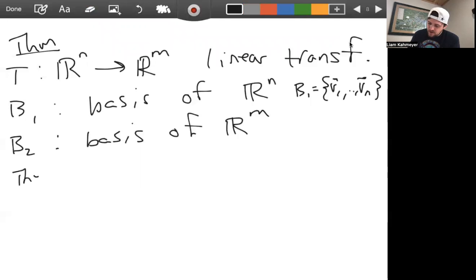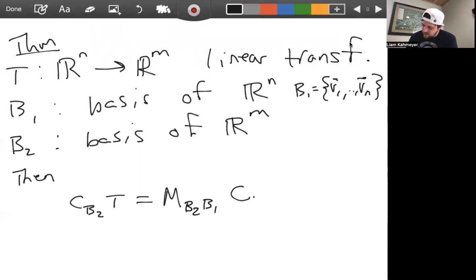Then we have the following equality. We have that the function CB2 composed with T is the same as MB2B1 composed with CB1. So let's quickly understand. Well, first let me say we know what CB1 and CB2 are. We know what T is. What we don't know is what MB2B1 is.